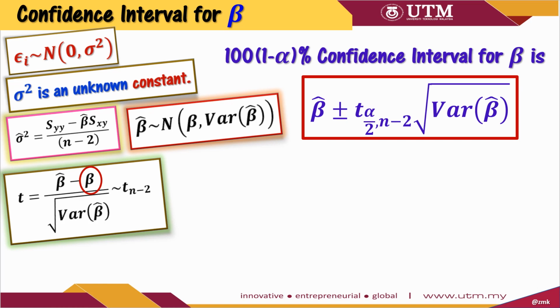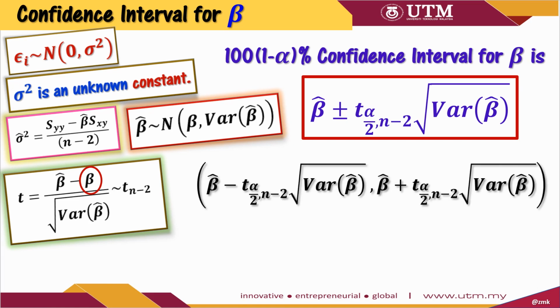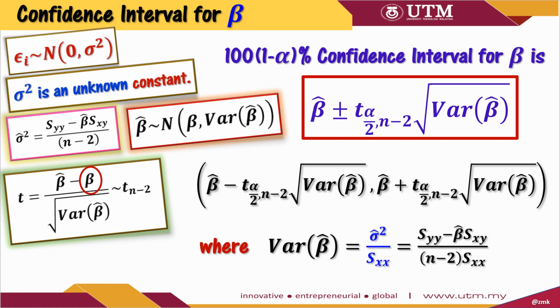The confidence interval can also be written like this, where the lower limit is beta hat minus the margin of error, whereas the upper limit is beta hat plus the margin of error. The variance of beta hat is by formula given by the ratio of estimated error variance to the sum of squares due to x, denoted by sxx.